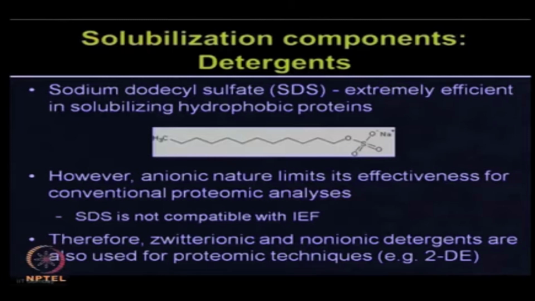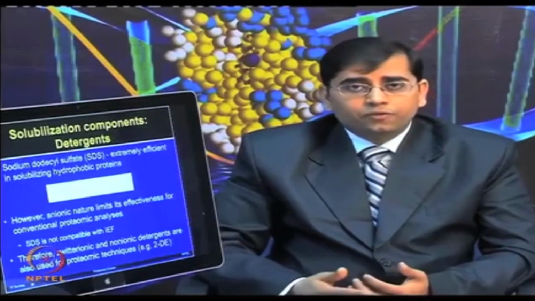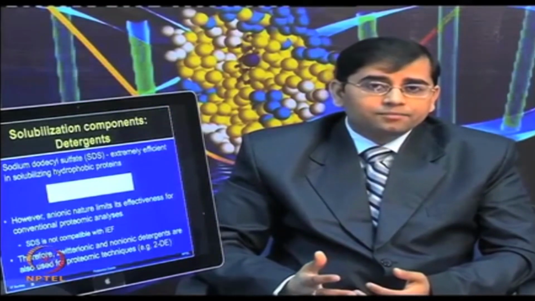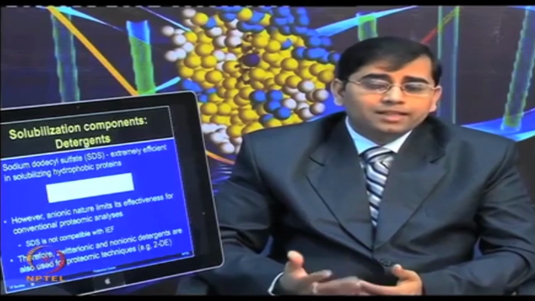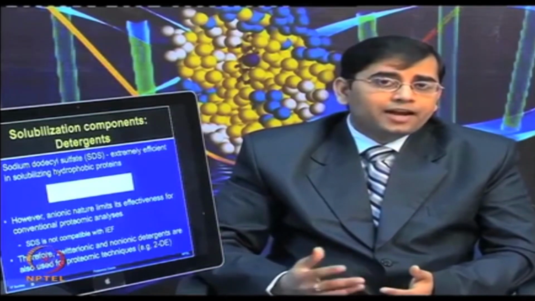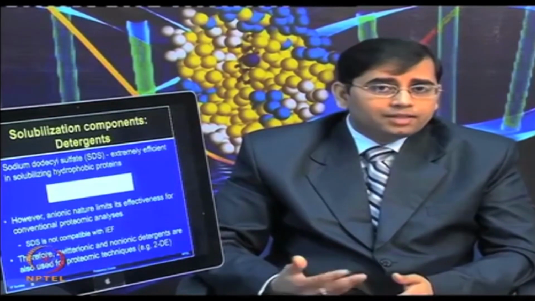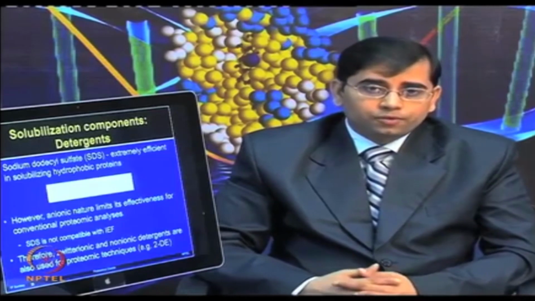SDS, the anionic detergent, is not compatible with isoelectric focusing. So, if you are preparing your protein sample for two-dimensional electrophoresis, SDS should be avoided in the sample solubilization. If your objective is to extract the protein and separate it on SDS-PAGE, then SDS is very useful.